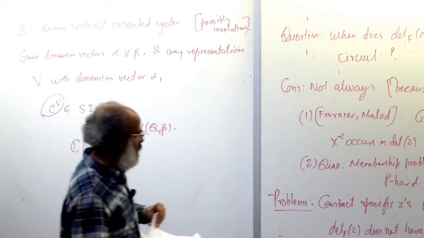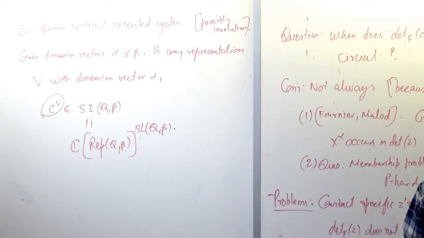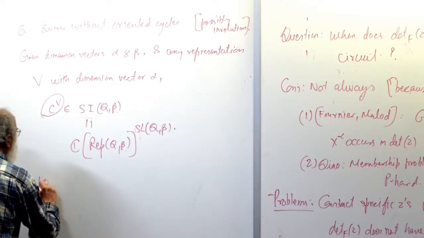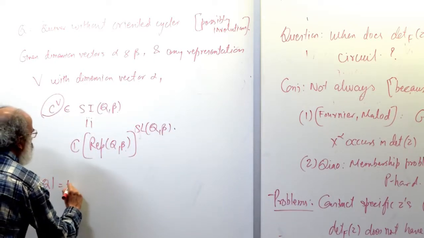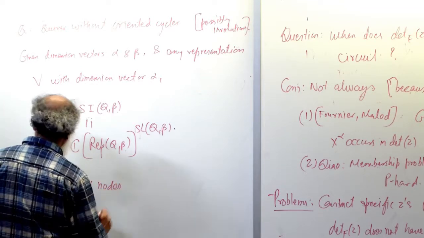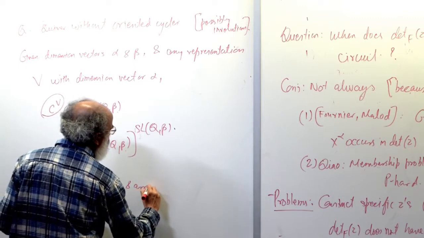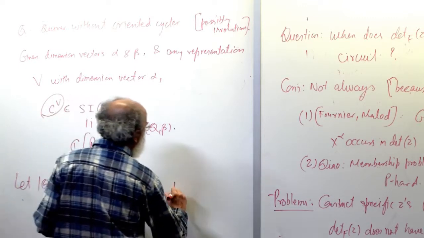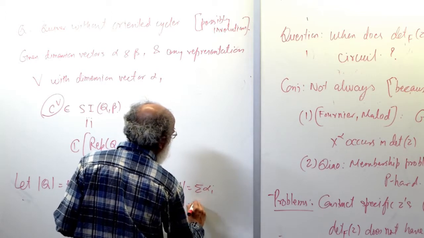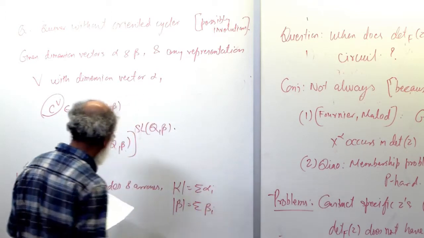And now with this, let Q denote the total number of nodes and arrows in the graph, the total size of the graph, and you let alpha equal the summation of alpha i and beta equal the summation of beta i, the total size of the dimension vectors.